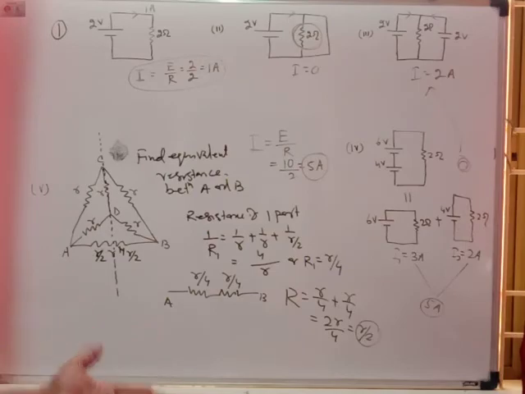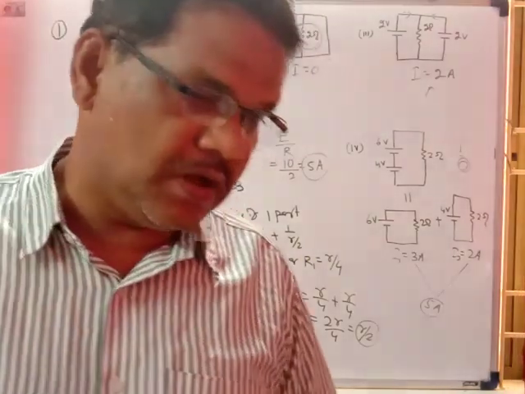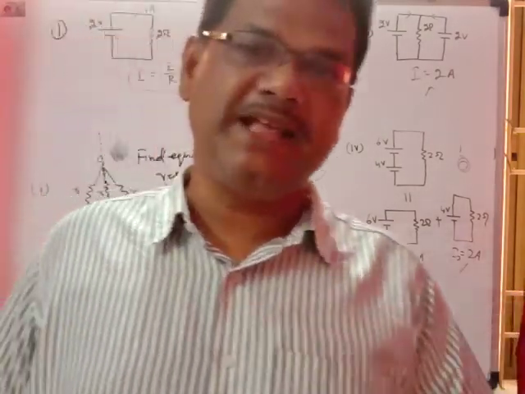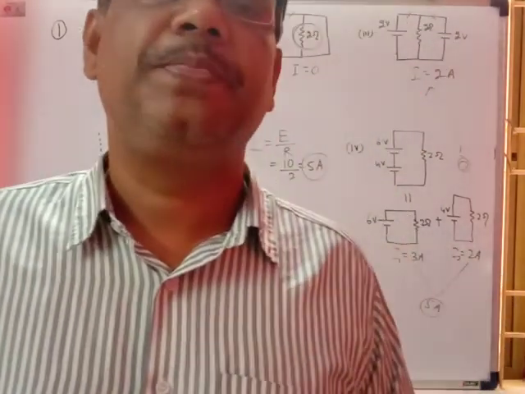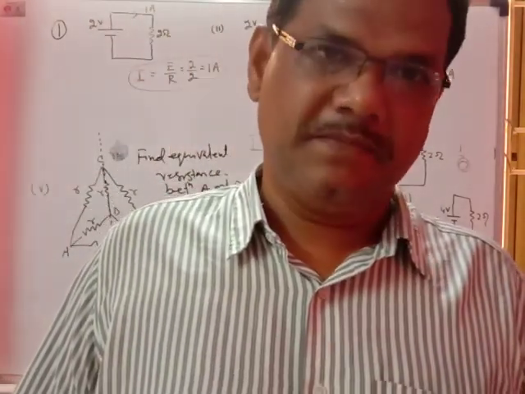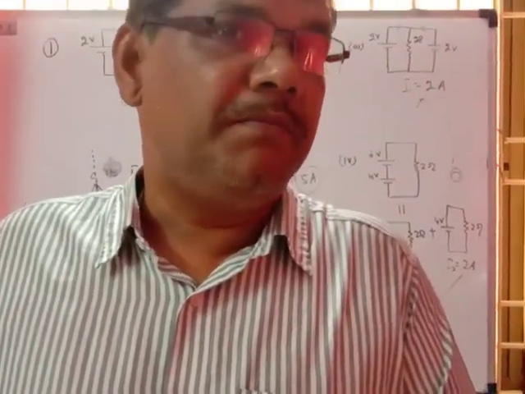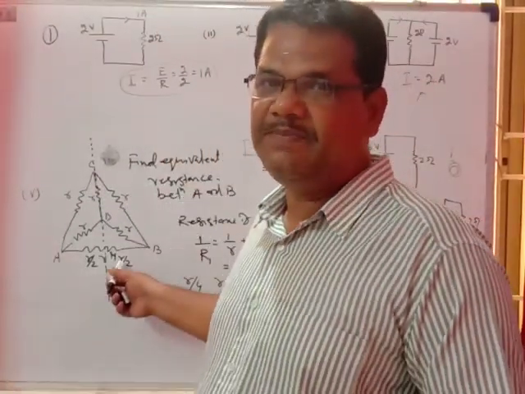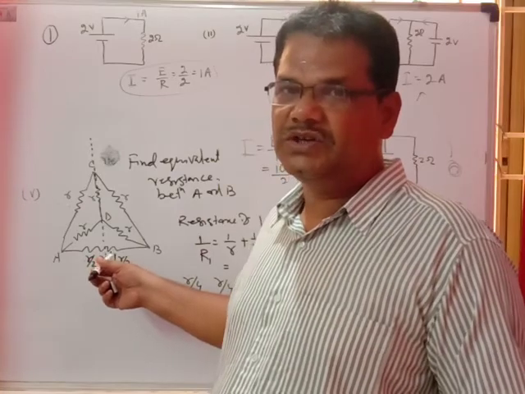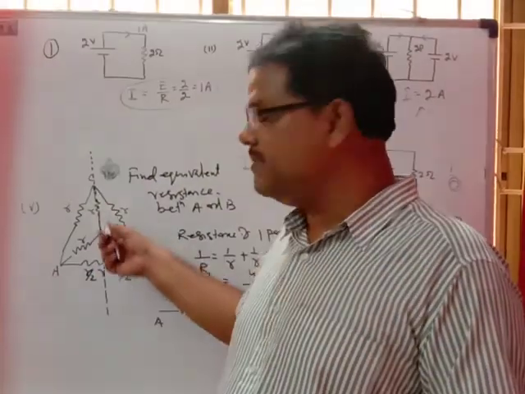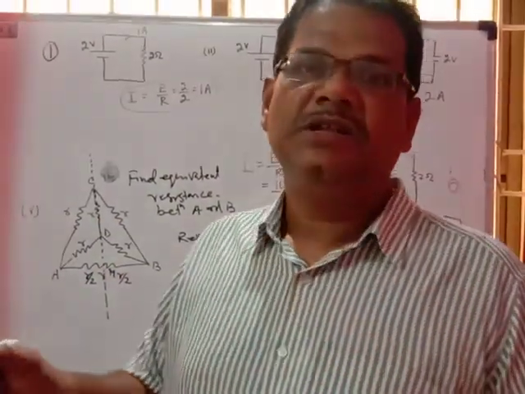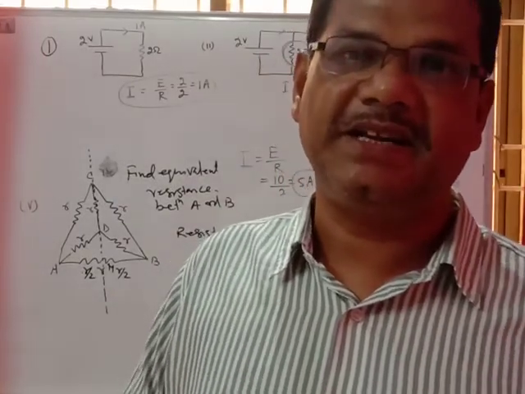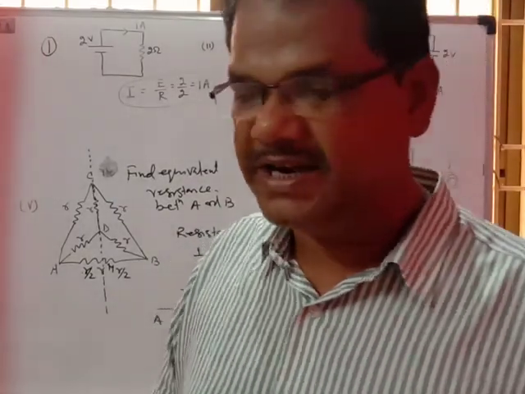In the last class, we already discussed how to calculate the equivalent resistance by applying KVL, and how to find the resistance by delta star conversion. This is another type of calculation, by the method of symmetry. By the method of symmetry, we can solve different complicated circuits to find the equivalent resistance. Thank you.